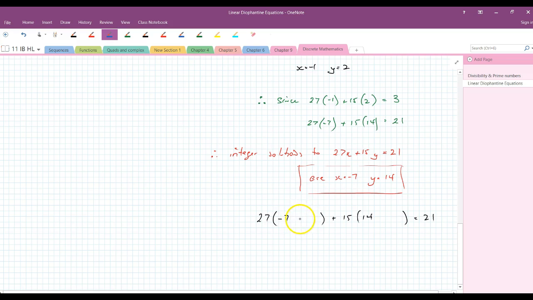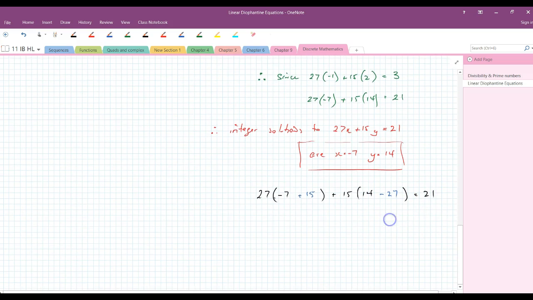I can add a 15 here, because what I'm doing is adding a 27 by 15, and I can subtract the 27 by 15 there. Just to explain that step again, if you look in blue, I've added 15 by 27 and then subtracted the 15 by 27, so I'm still equal to 21. So I've got another solution here.